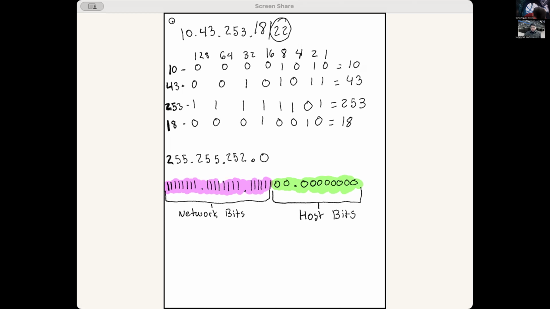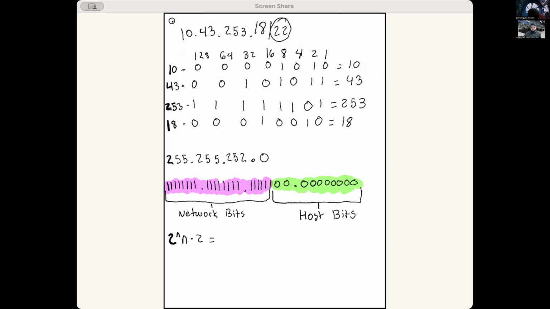So let's see how you found that. Let's put that into here. We'll use 2 to the power of n minus 2.